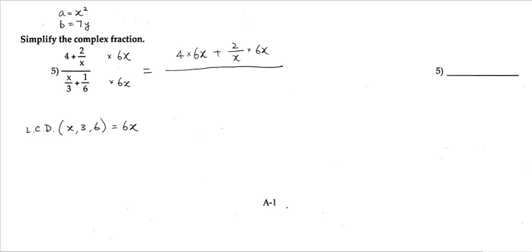And then the whole thing divided by x over 3 times 6x plus 1 over 6 times 6x. Once we do that, let's see what happens. 4 times 6x, 24x, plus 2 over x.